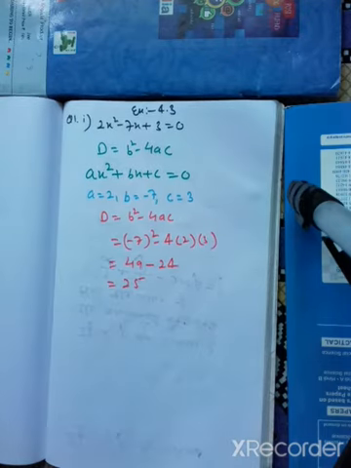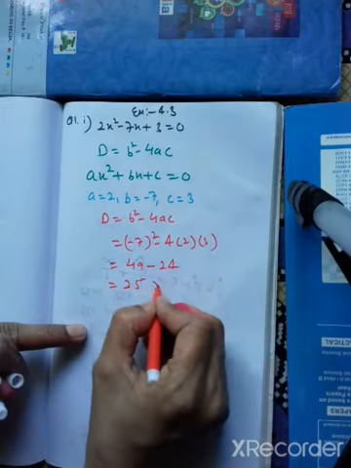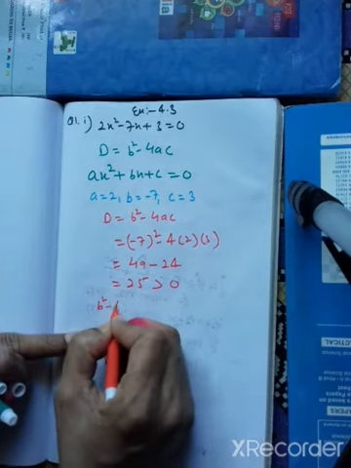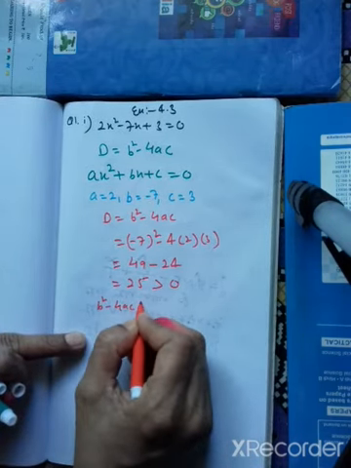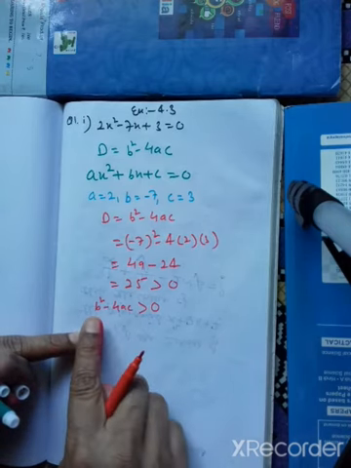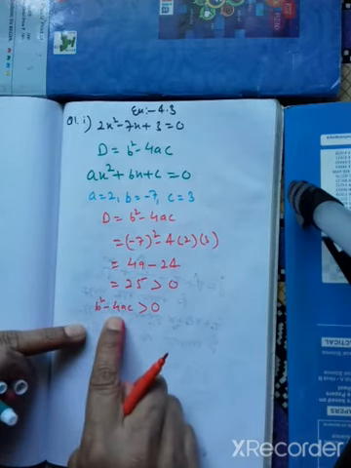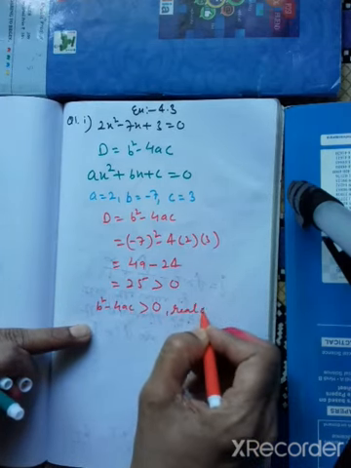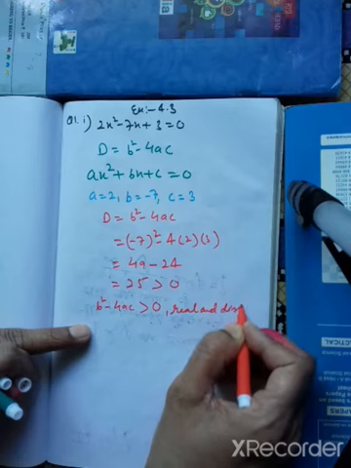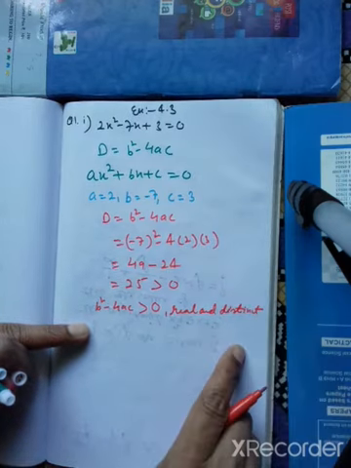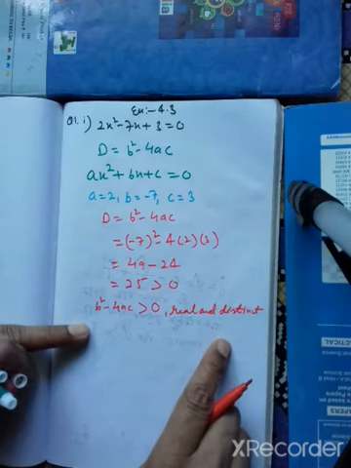Now tell me, is 25 greater than 0 or not? So b square minus 4ac is greater than 0, and by the condition we have discussed, whenever b square minus 4ac is greater than 0, it will have real and distinct roots. So it means we can find the roots.